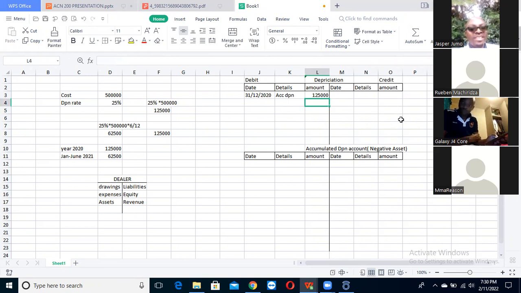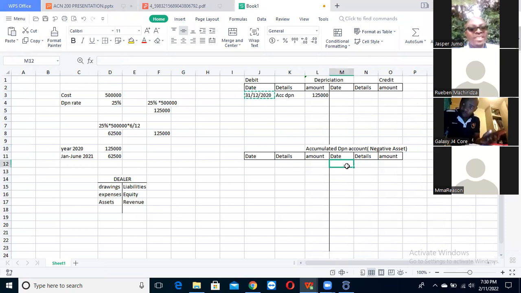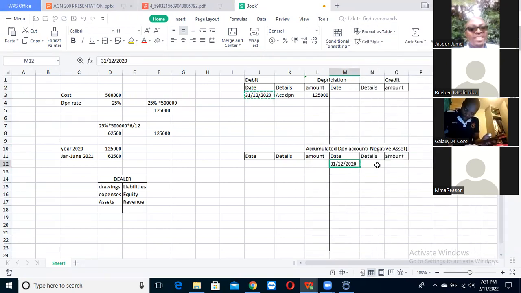Then before we do anything, we go and complete the double entry for the transaction that we have just made, which means we go to the accumulated depreciation account. We put in our date. The date is the same, so I can just copy and paste. And then the details. The details are the name of the other account.